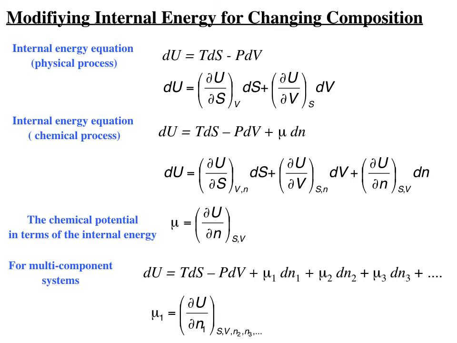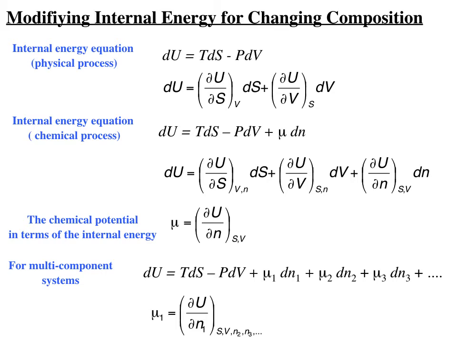Now again, if I were to extend this to multiple components undergoing change, I would just have a term mu1, mu2, mu3, and so forth, where I'm defining mu1 as the partial of U with respect to n1, still holding S and V fixed, but also holding the composition of all other species, n2, n3, and so forth, fixed as well.